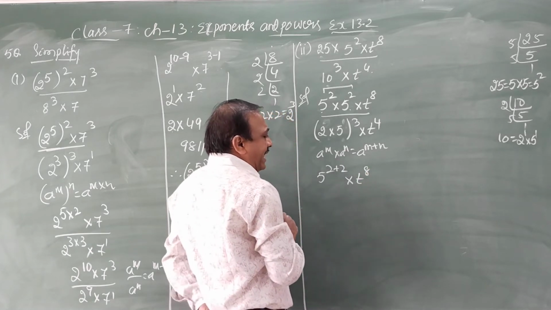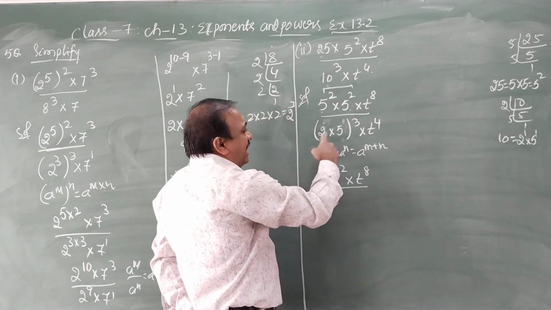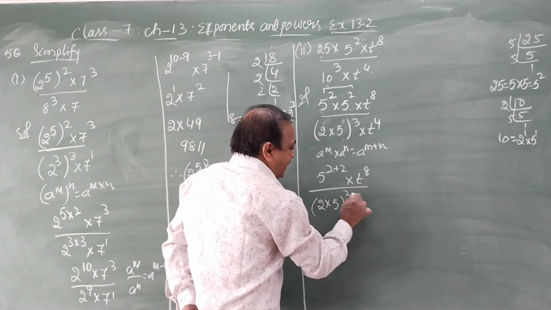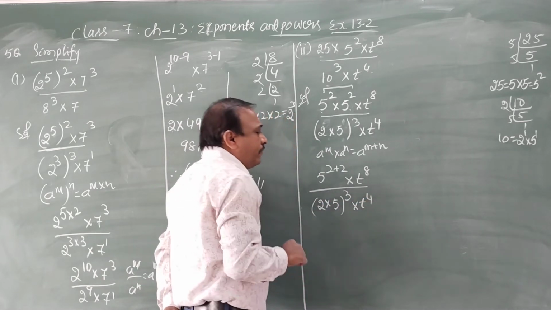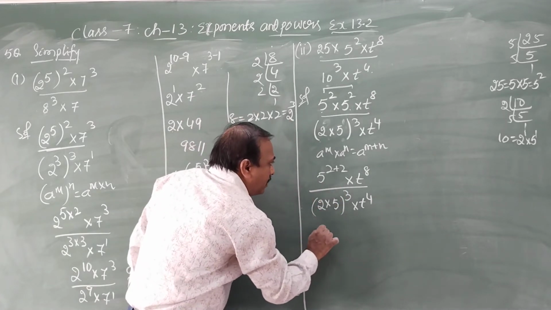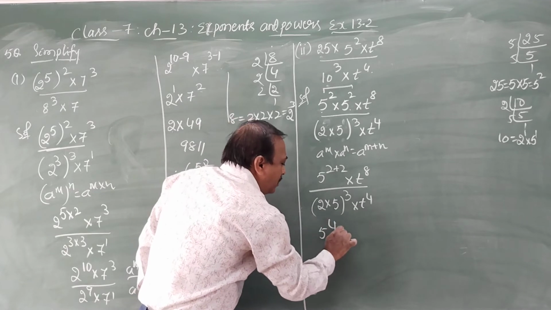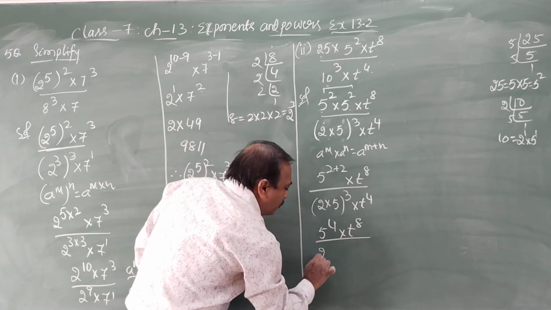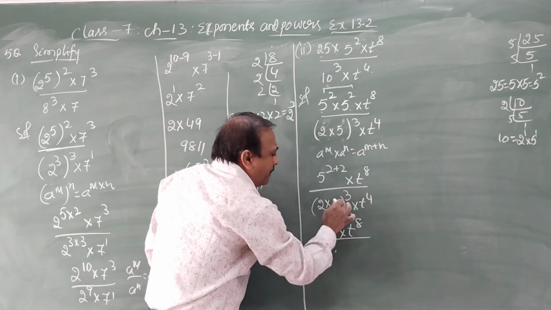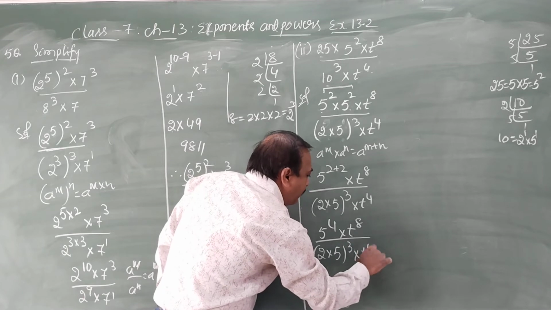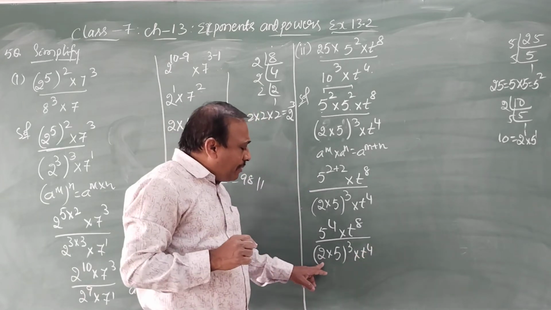I am writing the denominator as it is, 2 into 5 whole to the power 3 into t to the power 4. The numerator becomes 5 to the power 2 plus 2, which is 5 to the power 4, into t to the power 8. Now observe the denominator part.